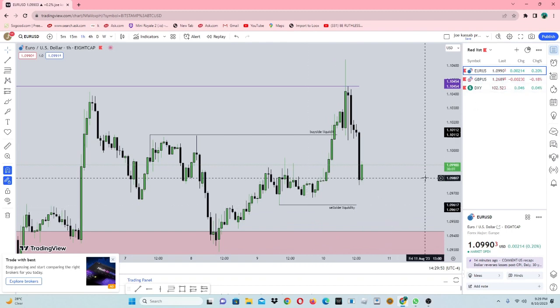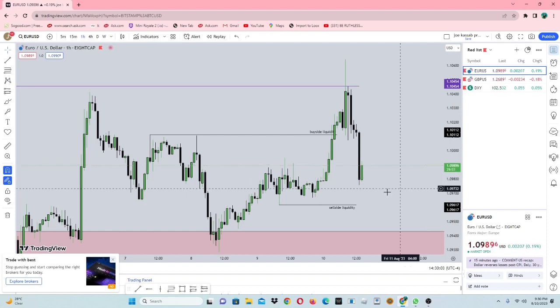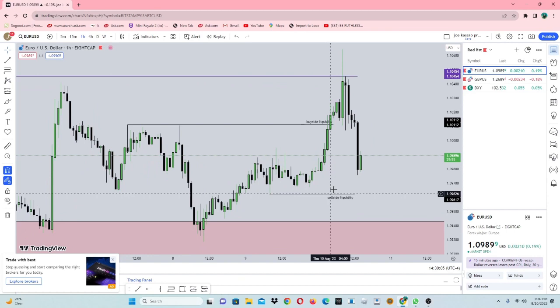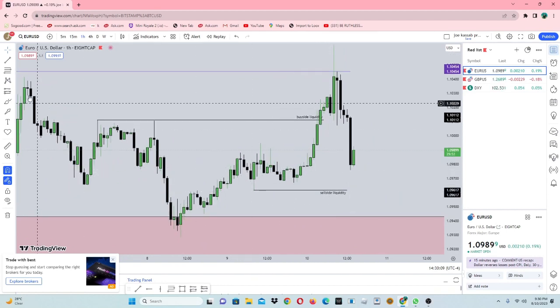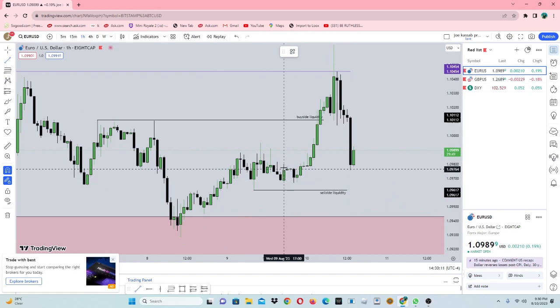What I learned today is that there is something called SMT divergence. I know about it, but I didn't have in my mind the idea that I can use it. So here I didn't have a sweep of liquidity, and this is the opening of the new candle.